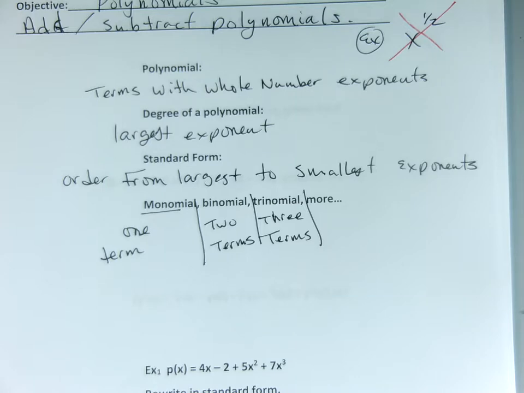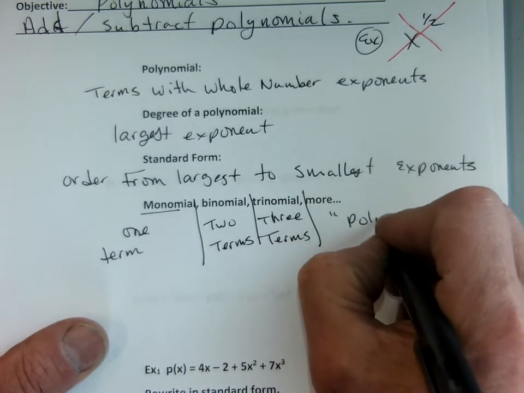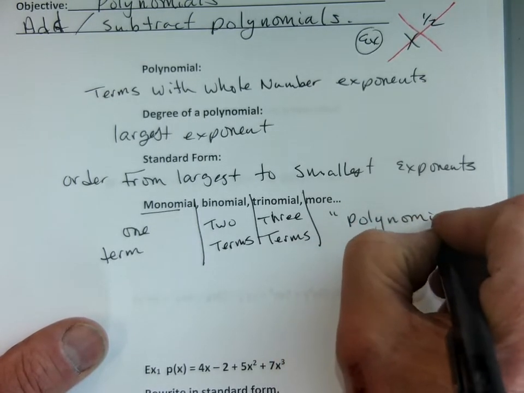Heptanomial, octanomial. That's just ridiculous. So anything more than 3, we just call it a polynomial. Does that make sense? Okay, more than 3 is just called a polynomial because it gets ridiculous.